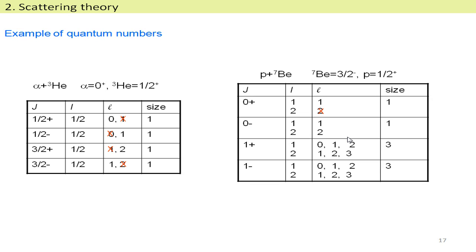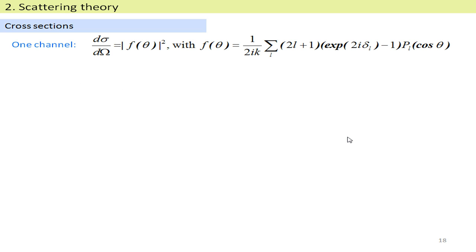So it means that this channel is forbidden. And for 0 plus, you have size 1. For 0 minus, the same thing, you have size 1. For 1 plus, here you have several L values. But for 1 plus, again, you need odd partial waves. So these three are forbidden, and you end up with a scattering matrix which is 3 by 3. So the size of the scattering matrix depends on the J values.